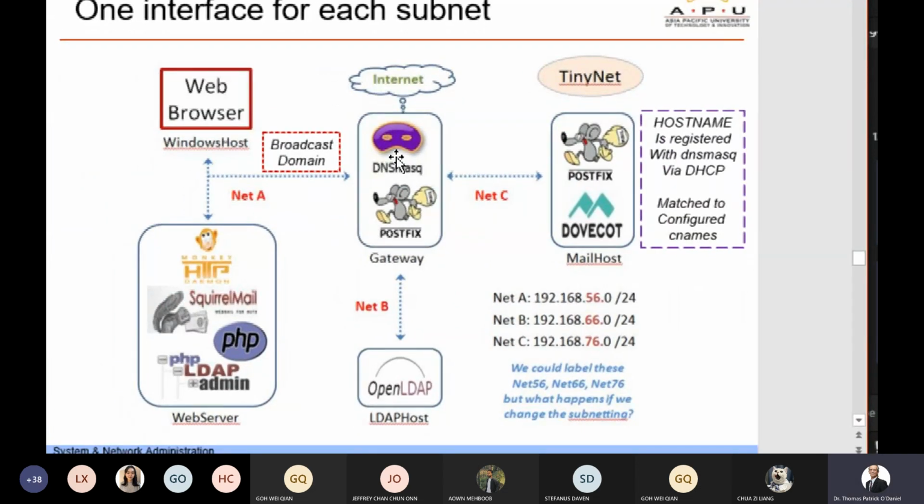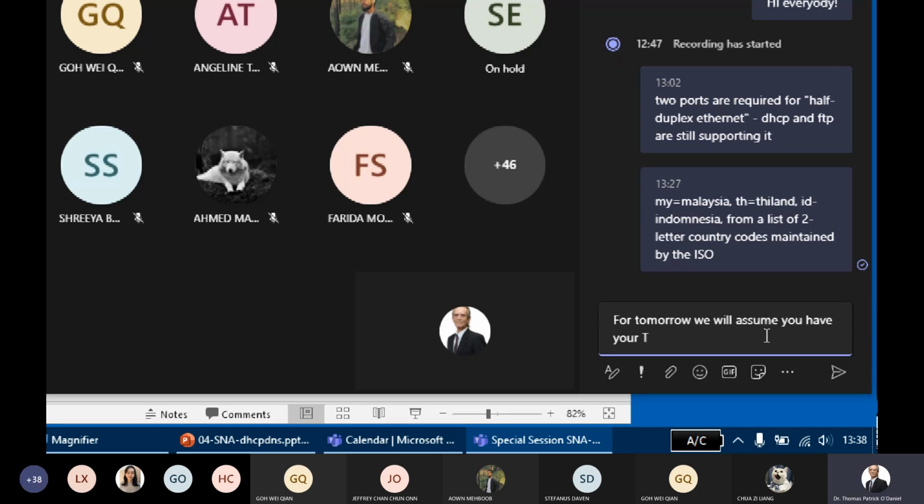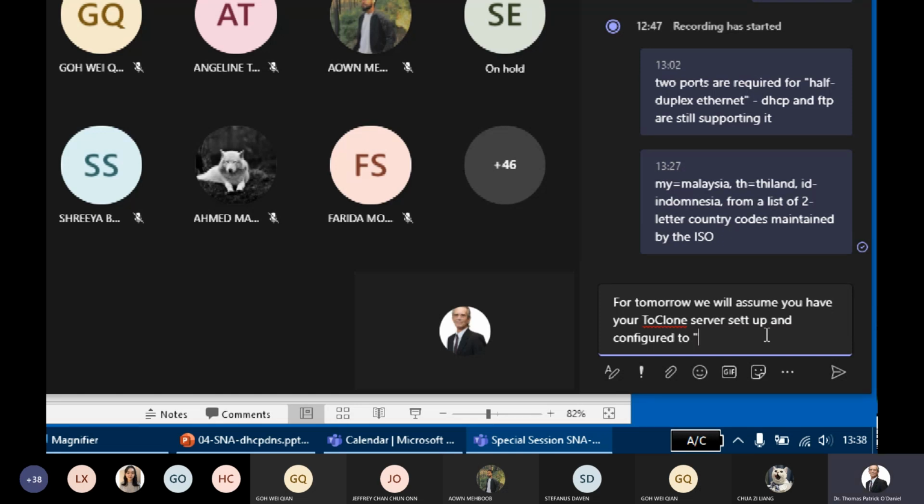But again, what we're going to be doing tomorrow, we will assume you have your 2-clone set up and configured to first things first.